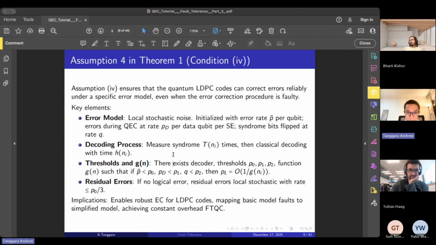These are the thresholds again. And we want the code to satisfy that there exist some decoders such that if the decoder is successful, then the residual error is bounded by this number.